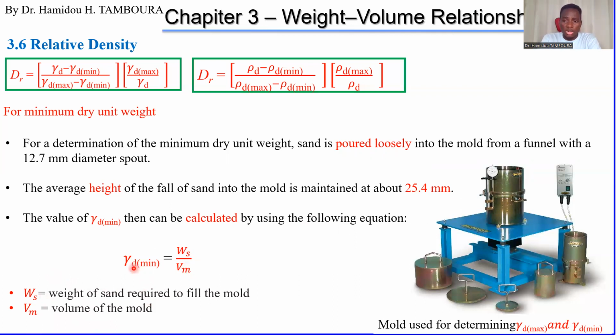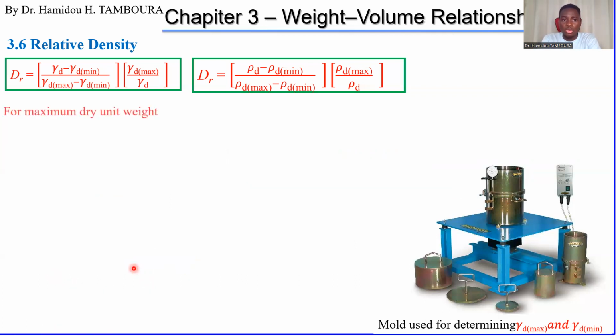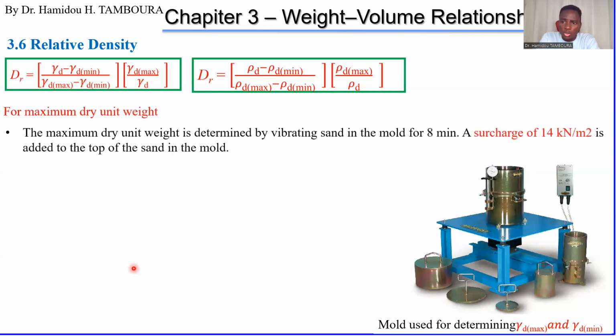For the maximum one, how do you obtain the maximum dry unit weight? The maximum dry unit weight is determined by vibrating sand in a mold for 8 minutes. So it means you put the sand and you vibrate it during 8 minutes.